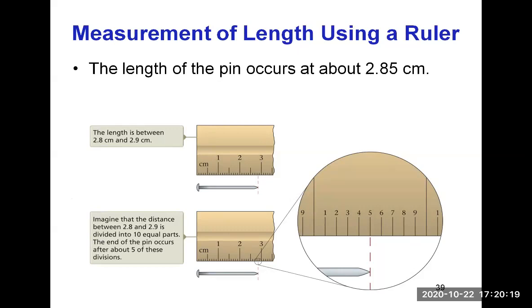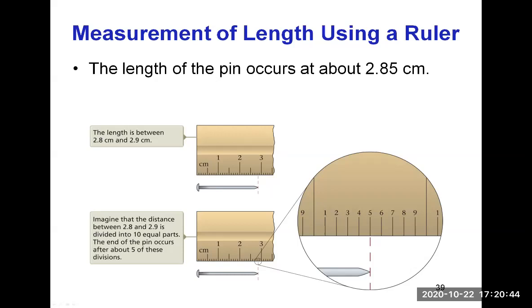If you look at the first drawing of the ruler, you can see that the end of the pin, if you align the pin to the 0, falls between 2.8 centimeters and 2.9. So the little lines are millimeters, but we will report the measurement in centimeters.